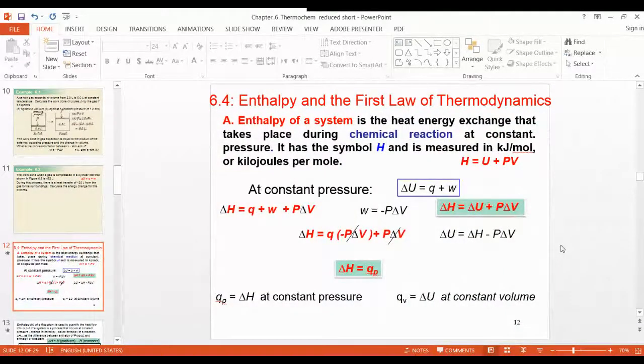What is enthalpy? This enthalpy, I already explained very well. Enthalpy is work at constant pressure, and internal energy is work at constant volume. At constant pressure, I gave the example of the experiment you have in the lab, calorimetry.